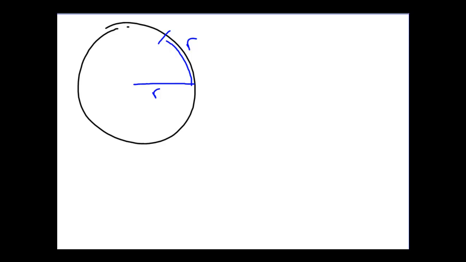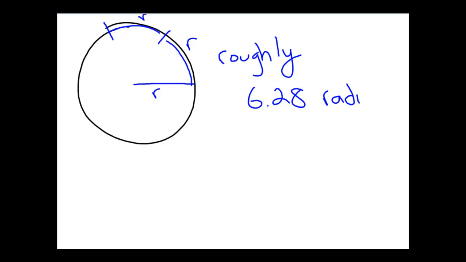It turns out we're not able to fit a nice whole number of radii here in our circle. In fact, it takes roughly 6.28 radii to make one complete circle.